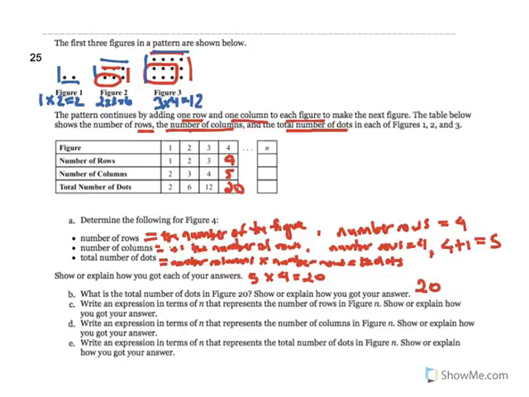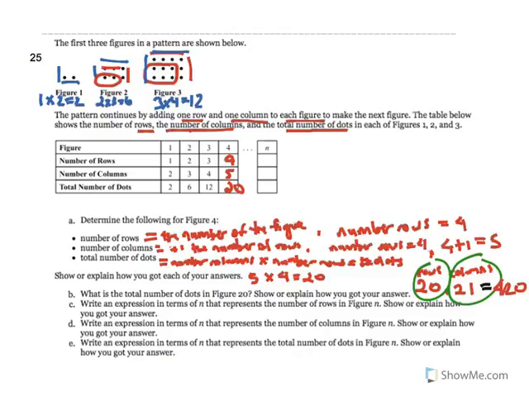And if we know that the number of columns is 1 more than the number of rows, the number of columns must be 21. As we saw before, the total number of dots is equal to the number of rows times the number of columns. So let's multiply those two by each other, and we get 420 dots total in the 20th figure.